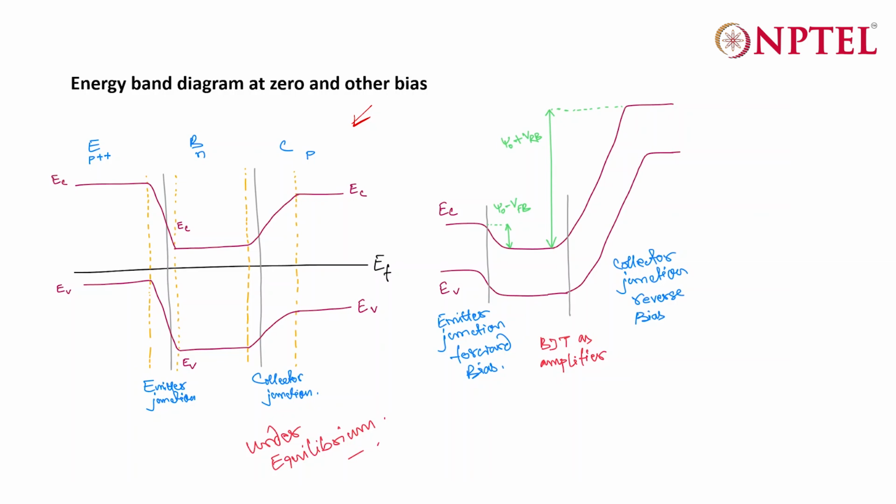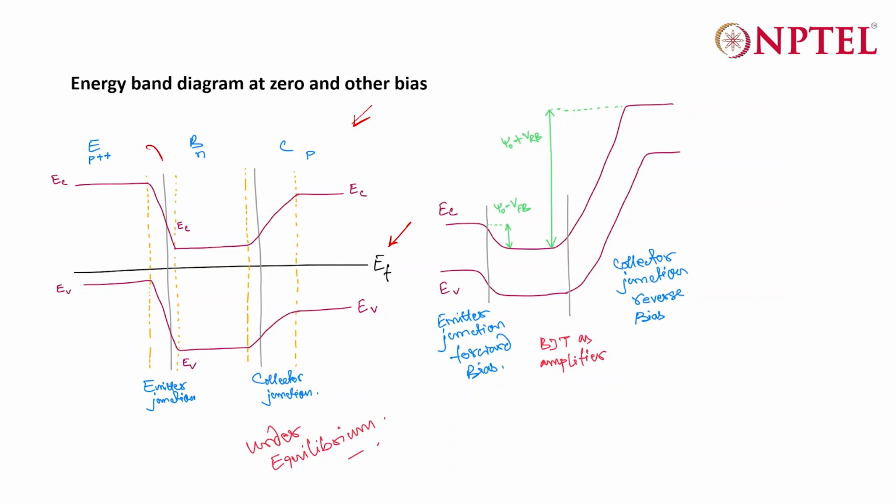One is the emitter junction, another one is the collector junction. To start drawing the band diagram, we should first consider the Fermi level that we already have seen during the analysis of PN junction. So it's better to start with the Fermi level, which is constant.